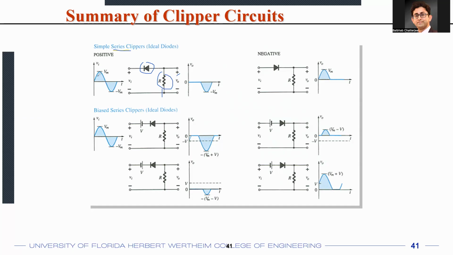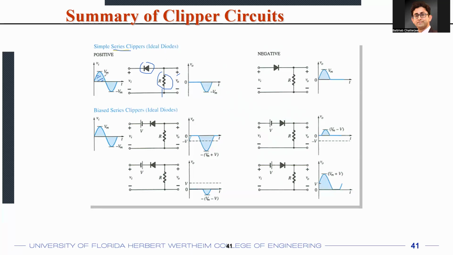In all these cases, we are assuming that the input is a sine wave. You can always assume other inputs too, but the sine wave is the easier one to understand. So that's why for all discussions related to diodes, we are considering the input as a sine wave, and we are looking at the output as a function of the input.